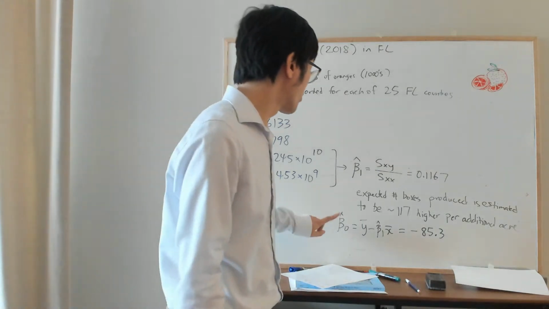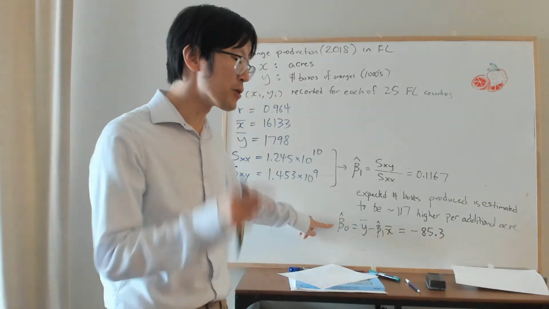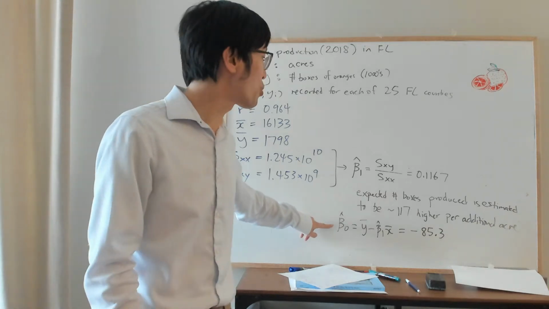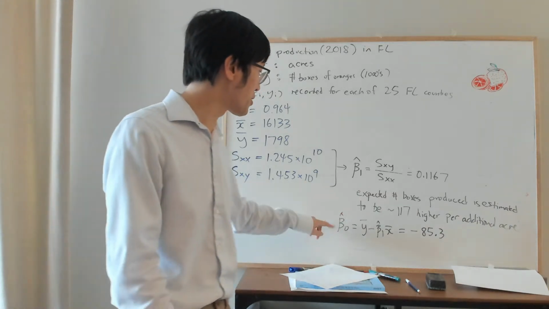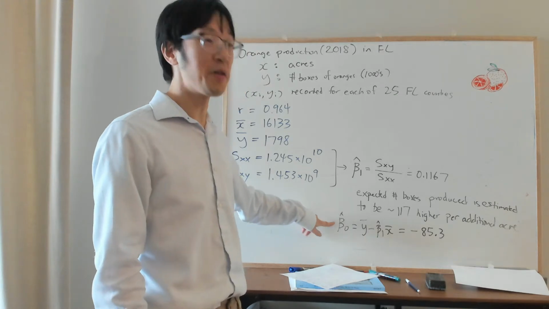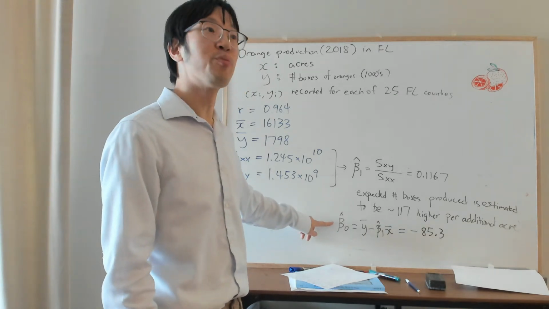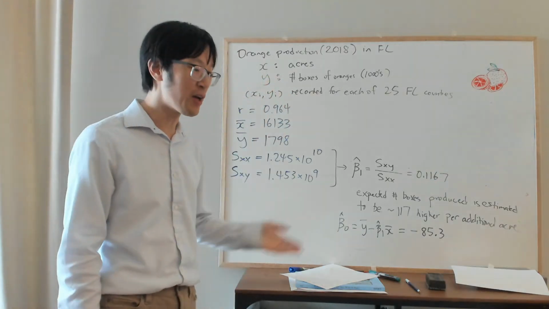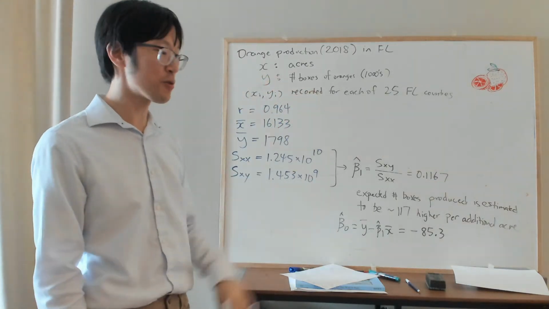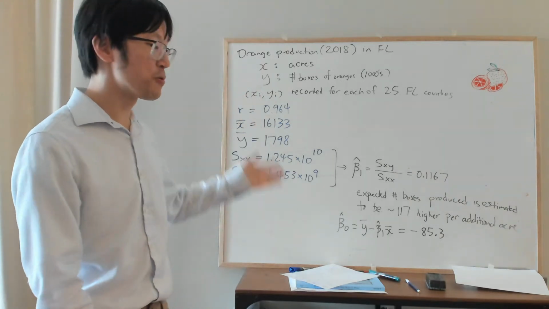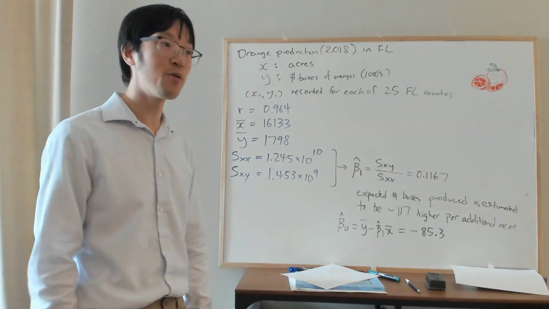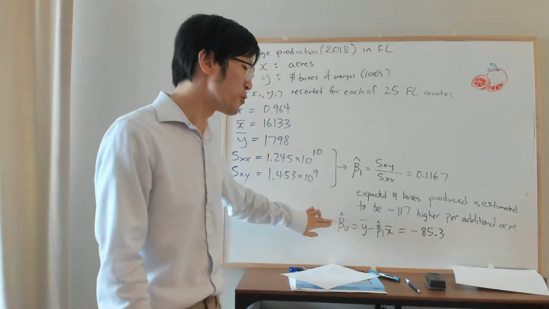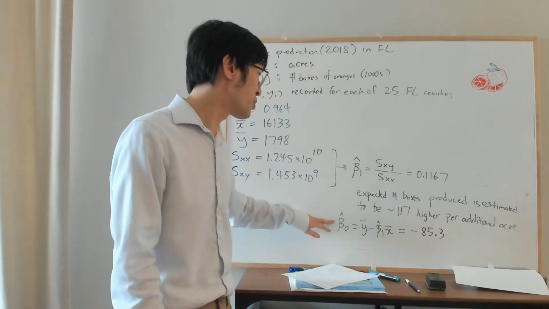Okay, and so of course, what does this mean? Is it interpretable? Well, not really. Because strictly speaking, this is the expected production if there were 0 acres. Well, clearly, I didn't have any counties with 0 acres, so x equals 0 is outside the range of the data that I used to fit the model. So we should not interpret it in that way.